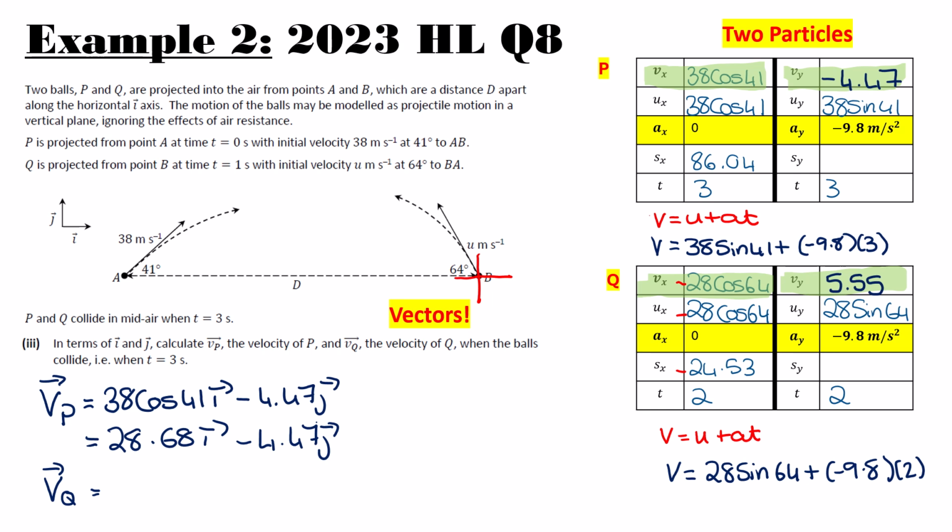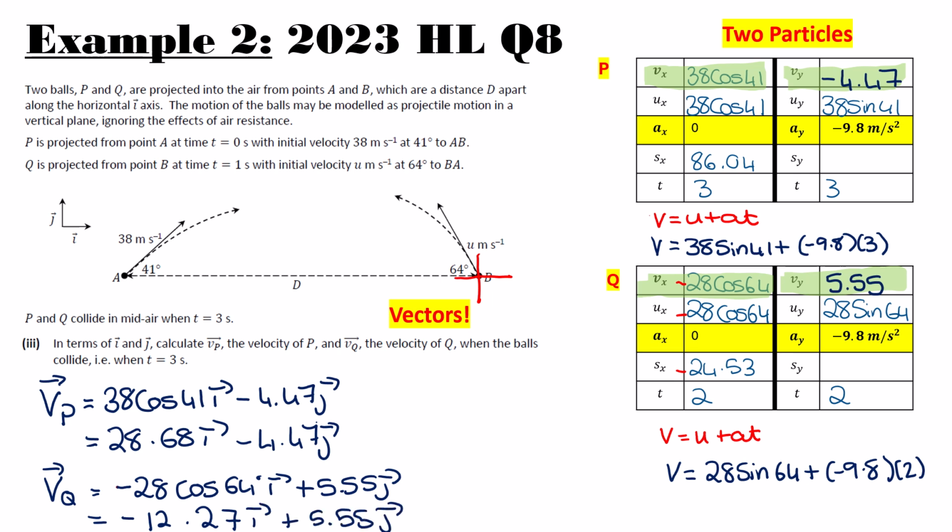So when we put this together, we're going to have minus 28 cos 64 I plus 5.55J. So what that ends up giving us is minus 12.27I plus 5.55J, just from a vector point of view.